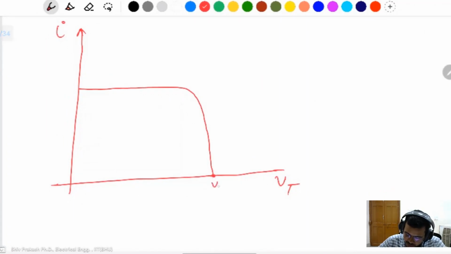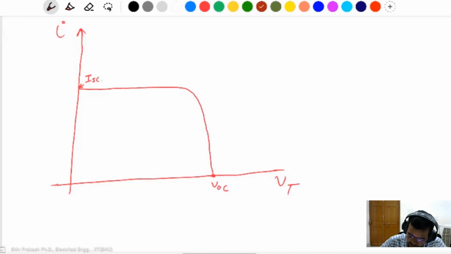This is the open circuit voltage, and this is the short circuit current. If you have a battery, the battery terminal voltage should be between 0 and the VOC of the solar panel voltage. Then you can connect the battery directly to the solar.